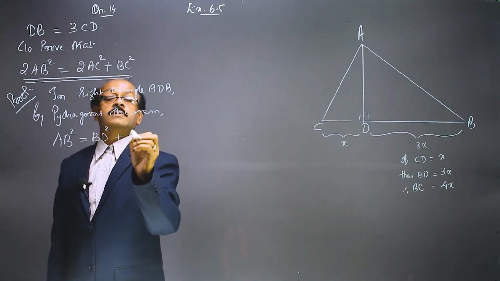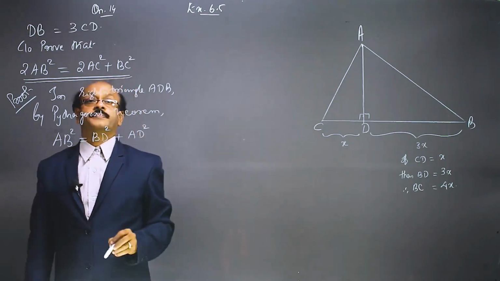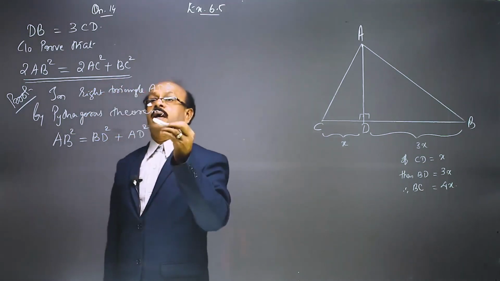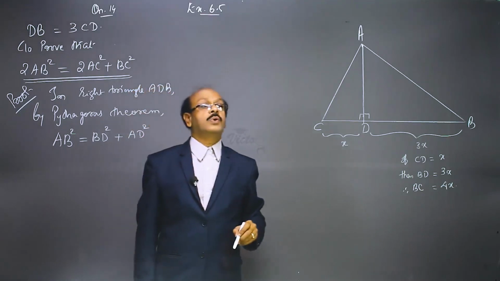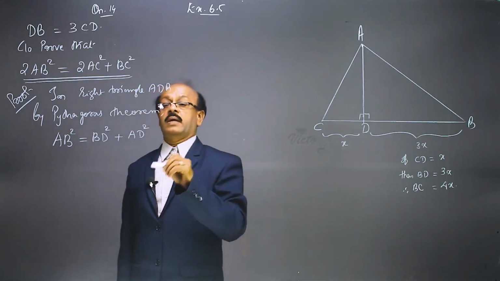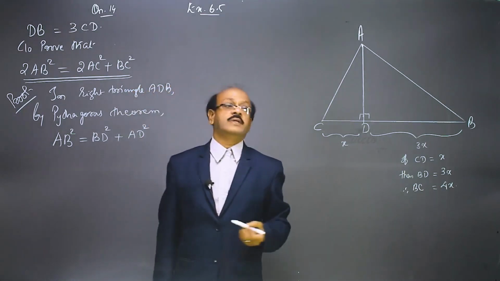But in our answer, which is to be proved, there is no AD or BD. So we have to change BD and AD in terms of AC and BC.